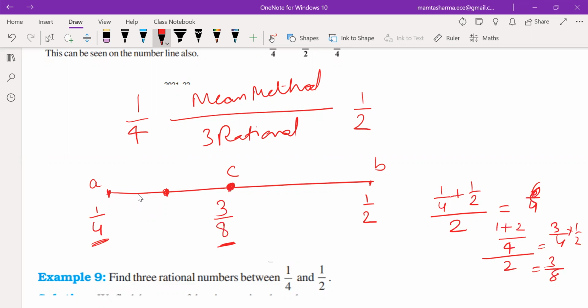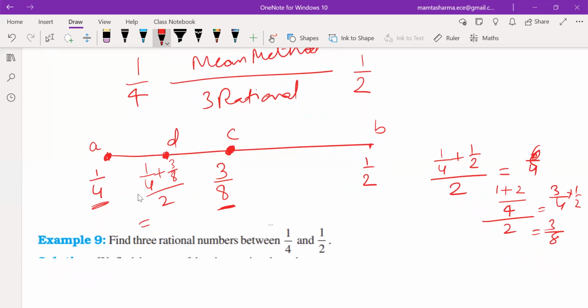Now in the second step, use the mean formula for A and C and find the middle number between A and C. If I say this is D, so this D would be 1 by 4 plus 3 by 8 divided by 2. Now solve it.